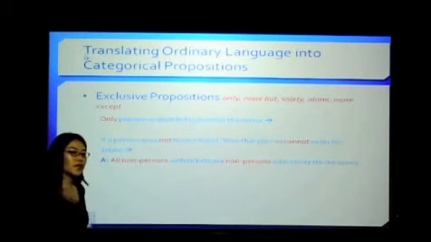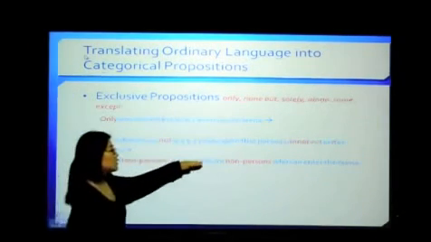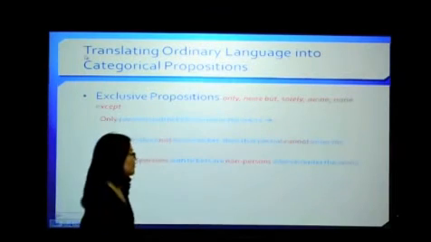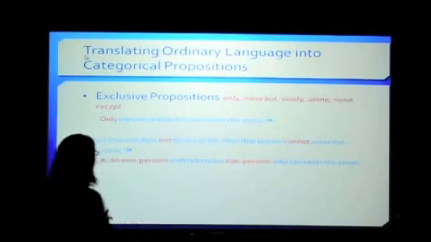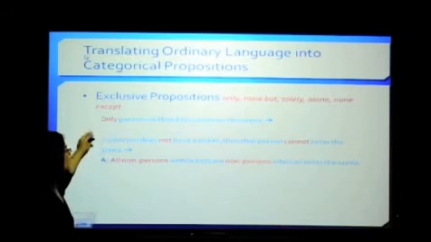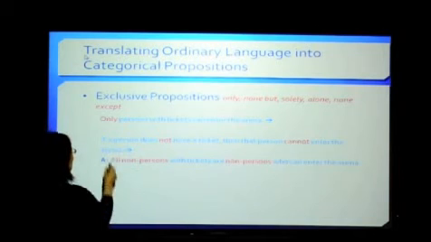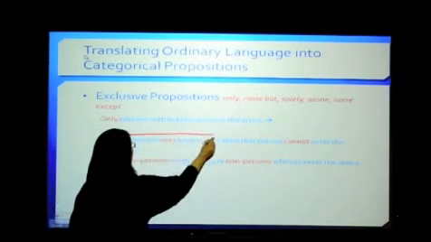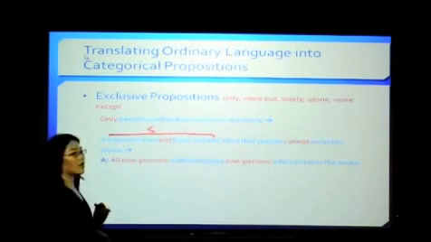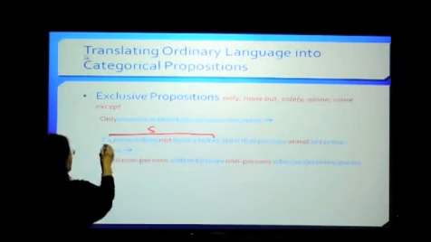Given this, after we translated this into a conditional statement, we can go ahead and translate it into a standard form categorical statement using the methods we would for conditional statements. So here we have all non-persons with tickets are non-persons who can enter the arena. Notice how after we translate it into a conditional statement, if you say only persons with tickets can enter the arena, what you're saying is if you're a person that doesn't have a ticket, then you cannot enter the arena. So here we have the subject term of our categorical statement because this phrase follows the if.